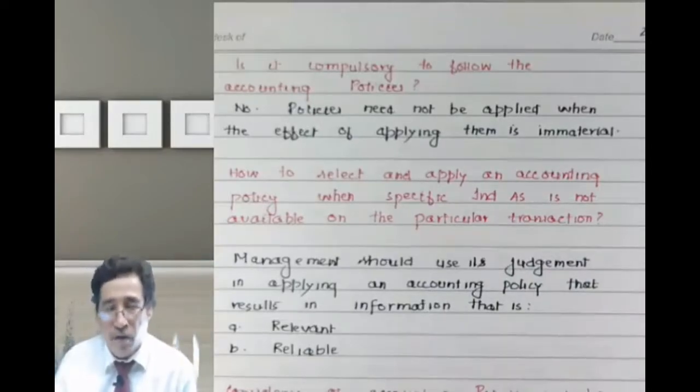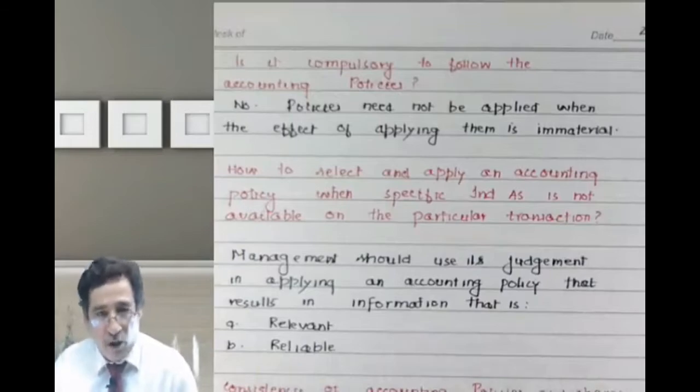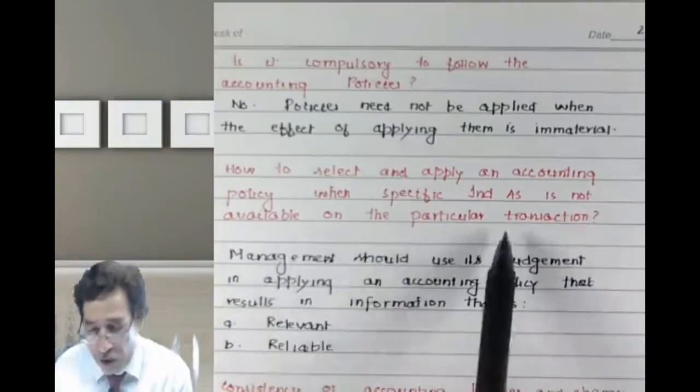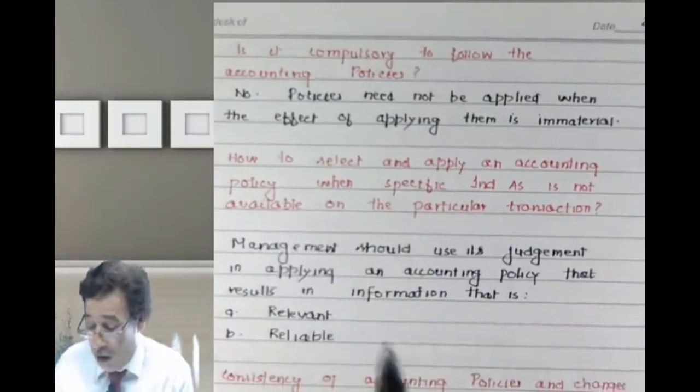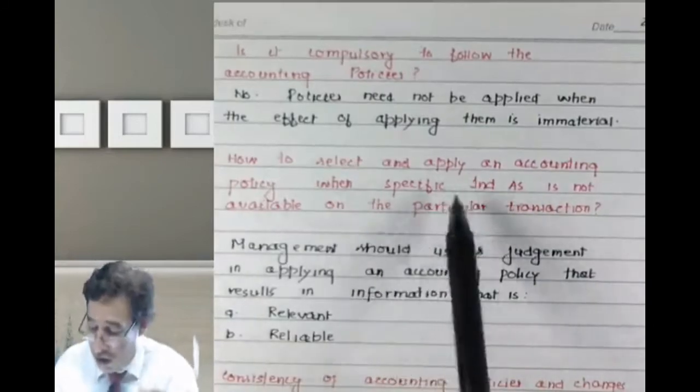Now suppose I come across a particular transaction and suddenly I find myself in a quagmire. Quagmire means in a virtual dilemma, correct? Because no particular Ind AS is there and I am not in a position to apply an accounting policy. How to select and apply an accounting policy when a particular Ind AS is not available?